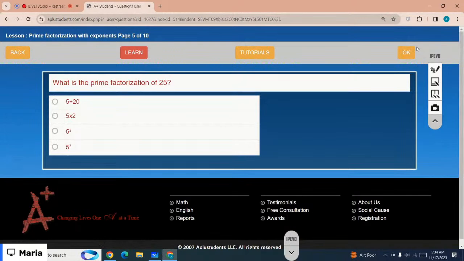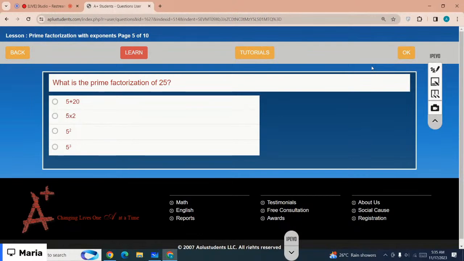Okay, what is the prime factorization of 25? The correct option is, yes, not 20 plus 5.